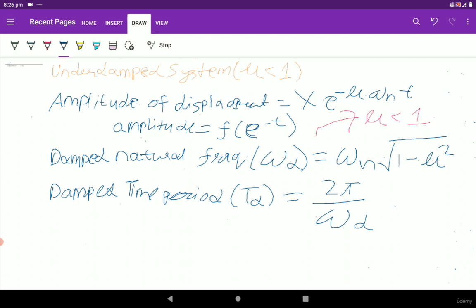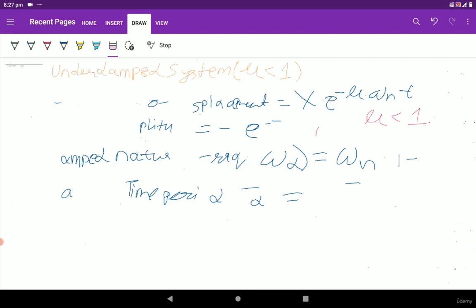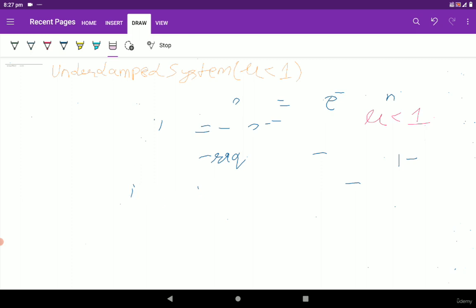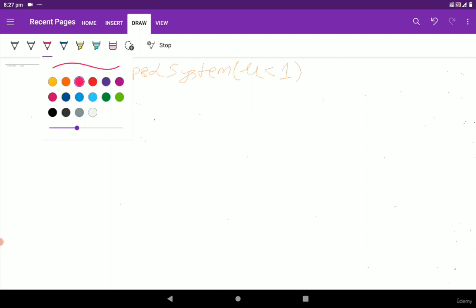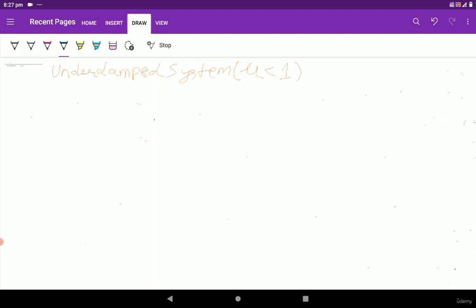Now let's solve this equation further. The damped natural frequency is given by the equation omega d equal to omega n multiplied by under root of 1 minus damping factor square.